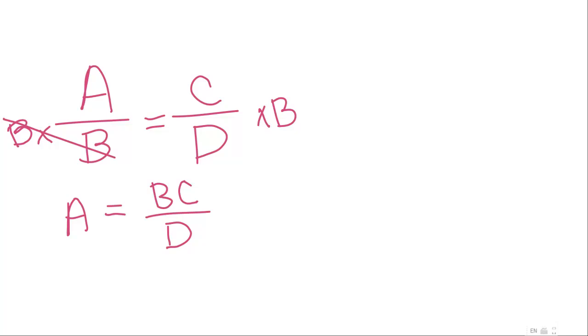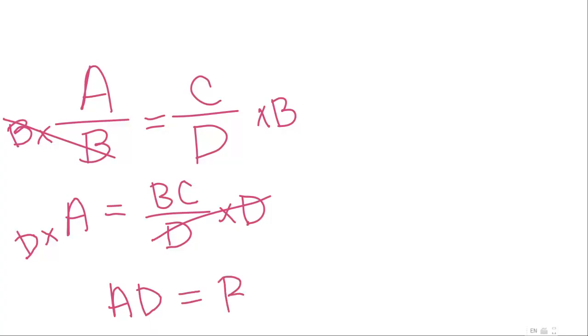Well, again, similar to how we got rid of the b over here, if we multiply by d, we have to do that on both sides, and it will cancel out, right? So now we have a times d equals bc.